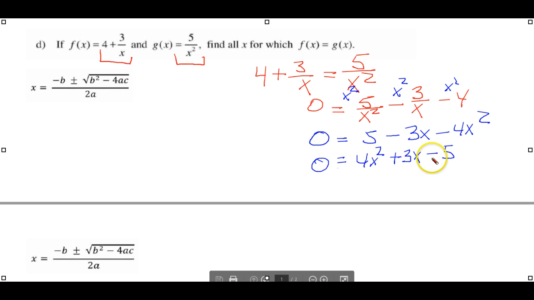And why did we do it? Because we have to put this in standard form so we can recognize our a term, our b term, and our c term.